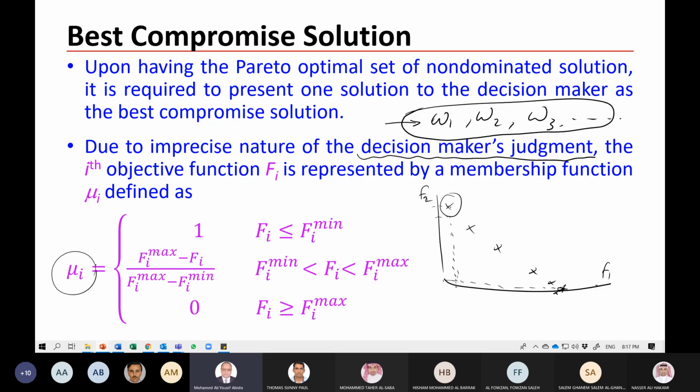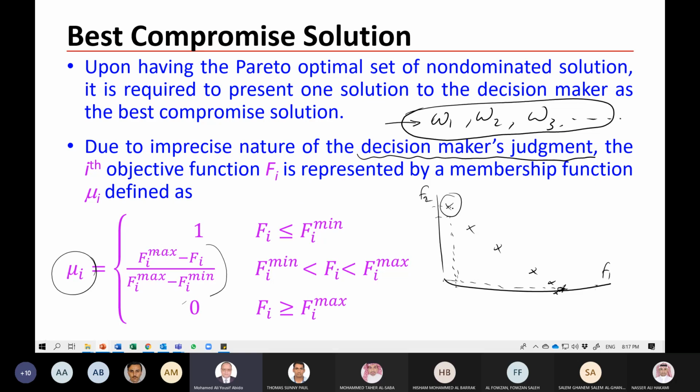You can give this membership function value mu i equal to 1 if it is less than the minimum, 0 if it is greater than the maximum, and any value in between is defined as such: maximum minus the actual value over maximum minus minimum. So this value will be between 0 and 1. This is for each objective of a solution.